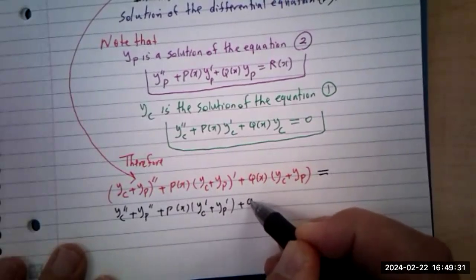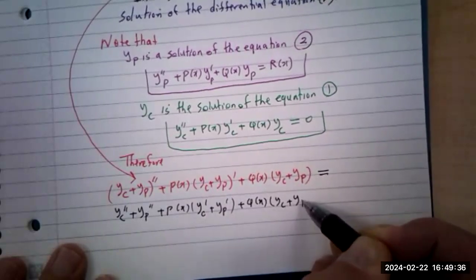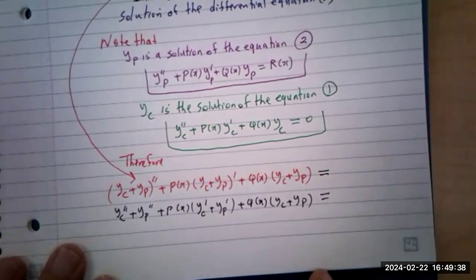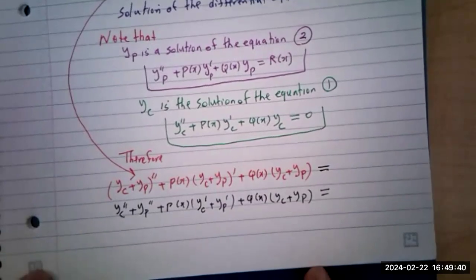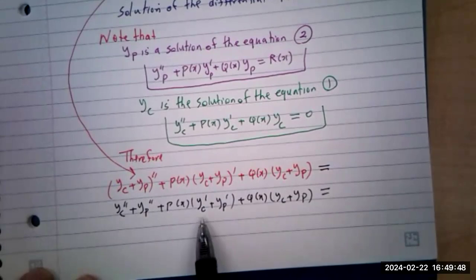And this is going to be plus q of x times (yc plus yp). Remember, I want to prove this is equal to r of x.